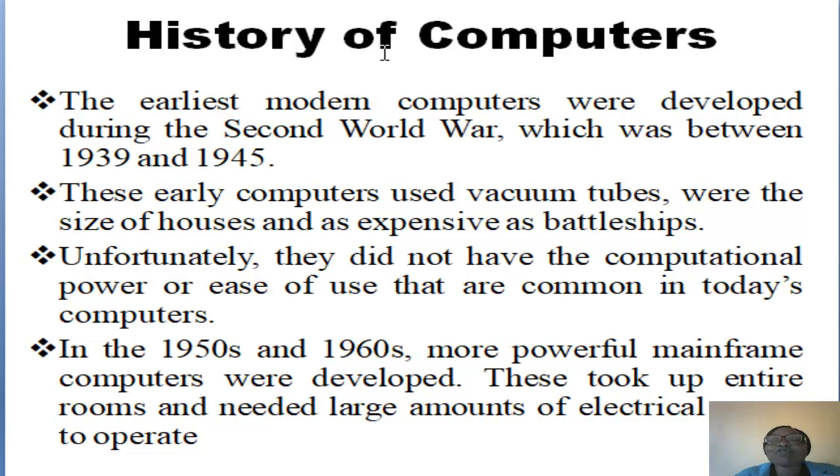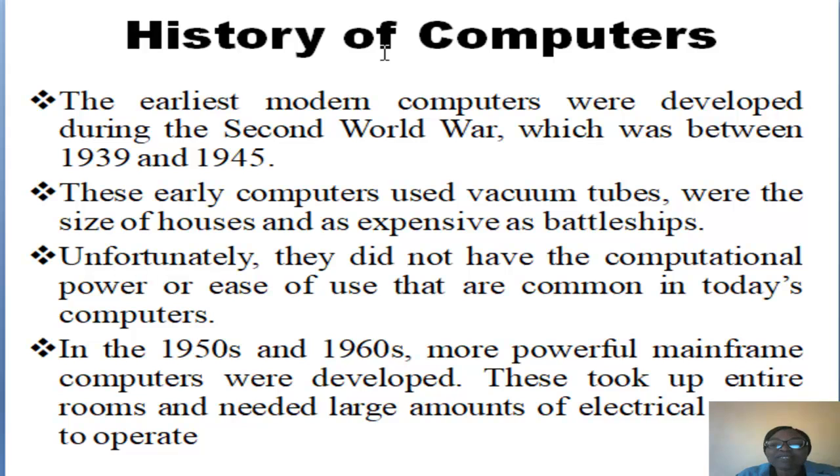They used vacuum tubes. They were very big, the size of our houses, and very expensive, like battleships. Unfortunately, they did not have the computational power that is common in today's computers.